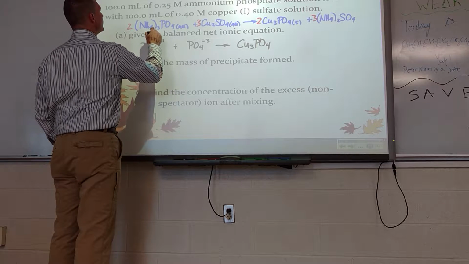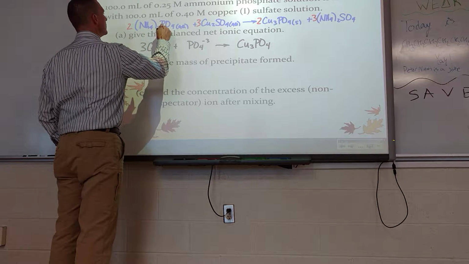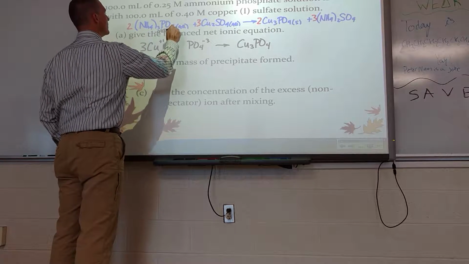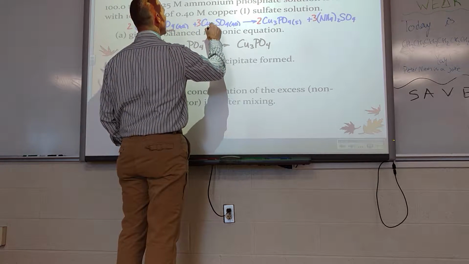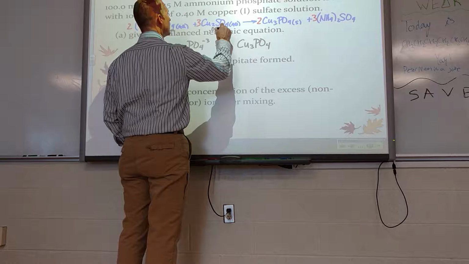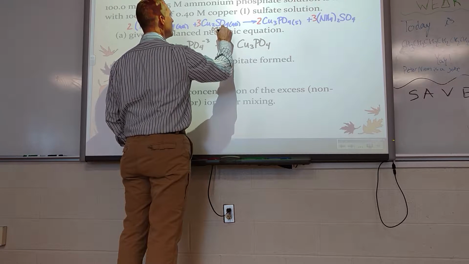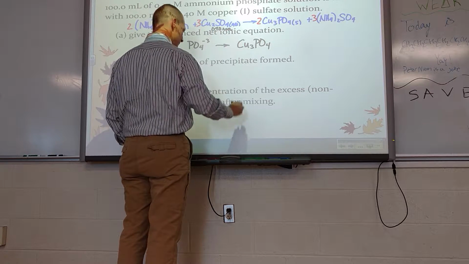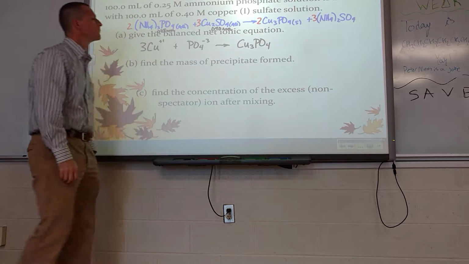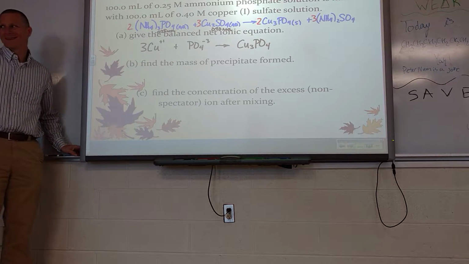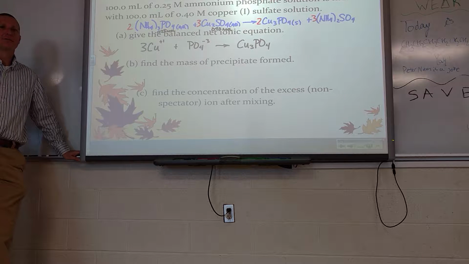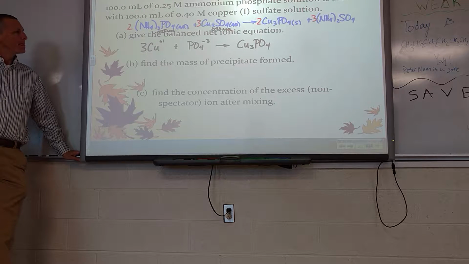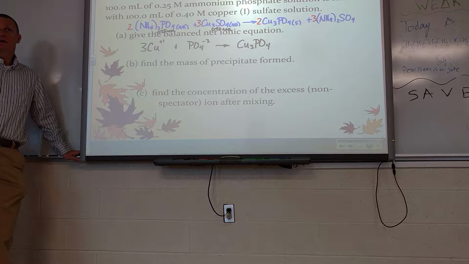Wait, why, hey, that's mold. Ammonium phosphate. Multiply by 0.1 is like divided by 10, right? Yep. How are we doing on part B? Are you good with the mass of precipitate? Yeah.